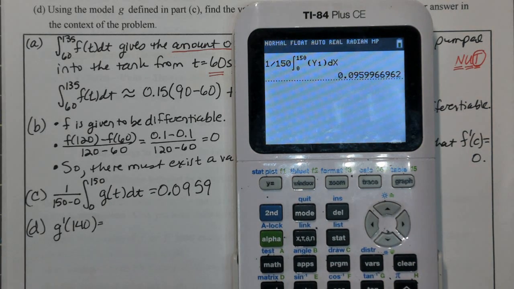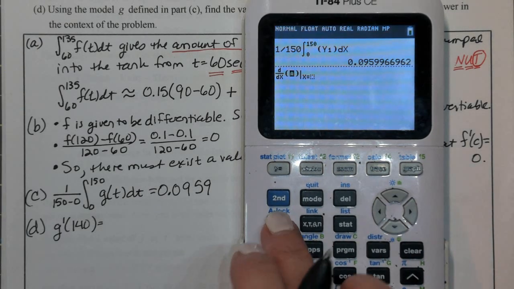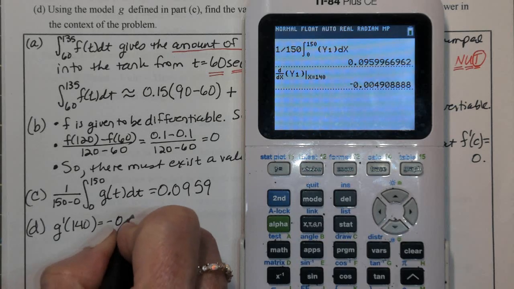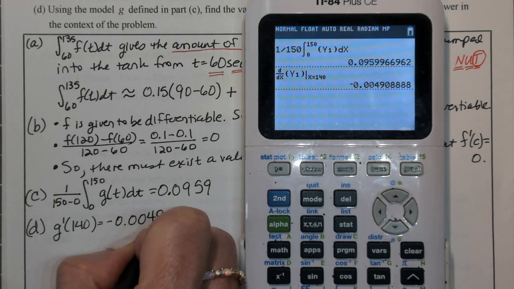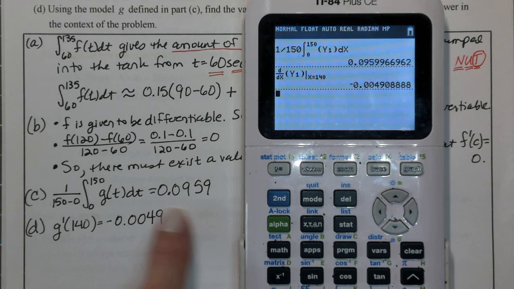I'm going to let my calculator do it for me. So math 8, of Y1 at 140. Okay, so they would have accepted 0.004, 0.005, or anything else after that.